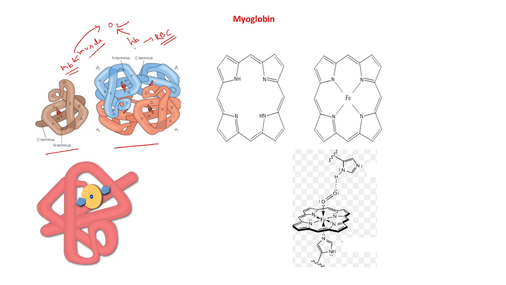But the hemoglobin is found only in the RBC, while the myoglobin is found in the muscle tissue.